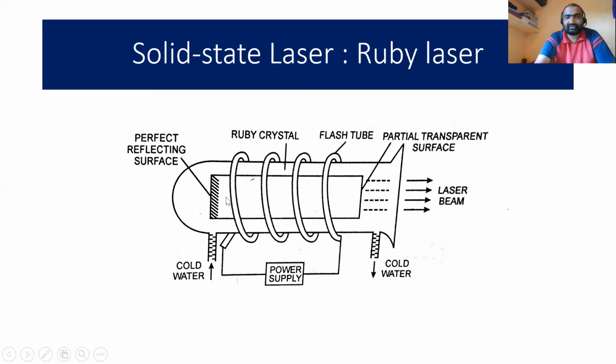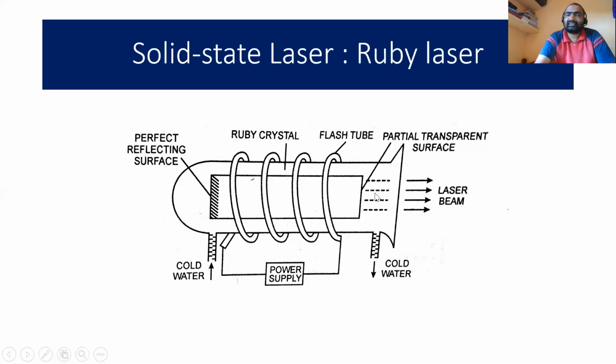Here, E1 energy level, E2 energy level, E3, all the energy levels are in this particular ruby rod. Once the photon is emitted, one photon becomes 2, 2 become 4, 4 become 8, 8 become 16. At this end, it will reflect and the 16 become 32, 32 become 64, 64 become 128, and so on. It gets multiplied between the partially reflecting surface and the fully reflecting surface.